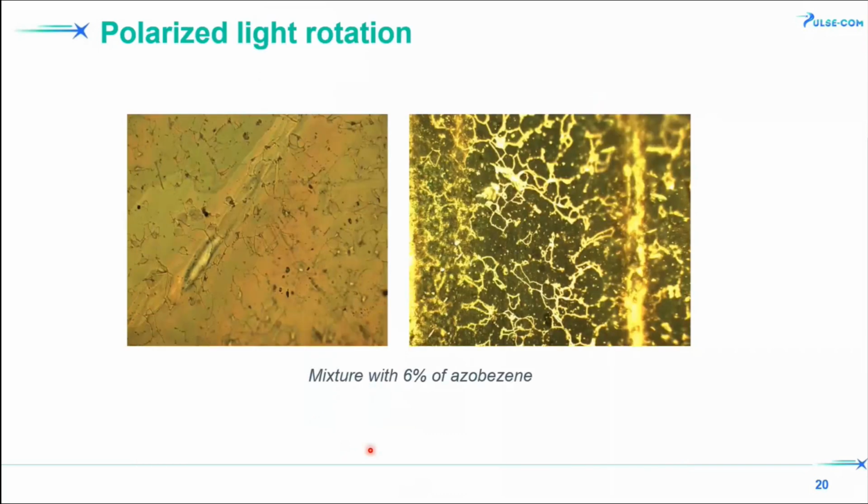And you will see something like that. On the left, the film is tilted at 45 degrees compared to the polarized light. Instead, on the right, the film is parallel to the polarized light, so we have the minimum transmitted.